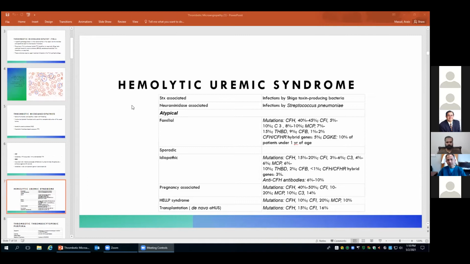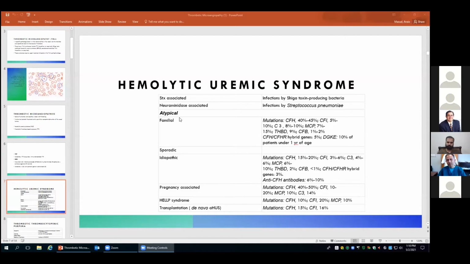Again, there are different causes of HUS. First, there's Shiga toxin associated HUS, because of Shiga toxin. And there's another toxin-related cause, neuraminidase caused by Streptococcus pneumoniae, that also causes this condition, which is very, very rare though.